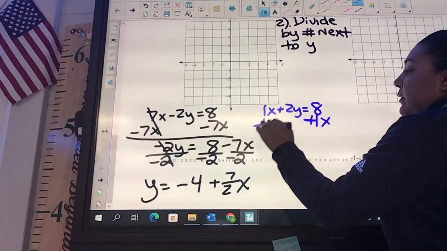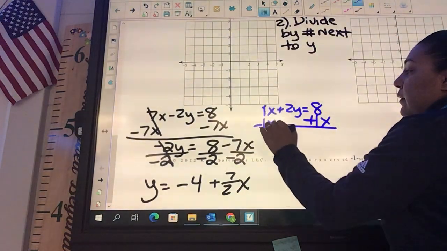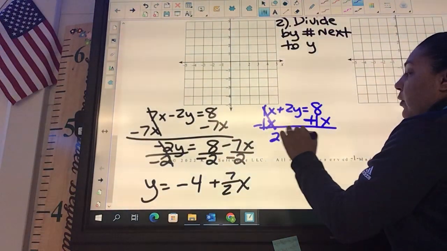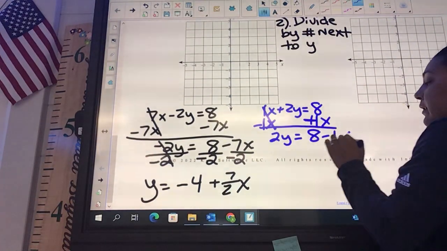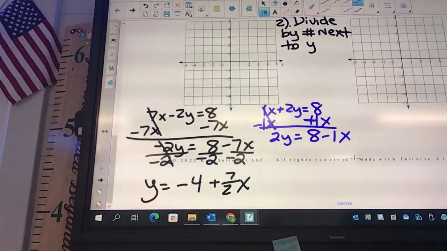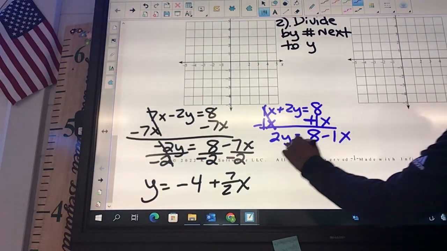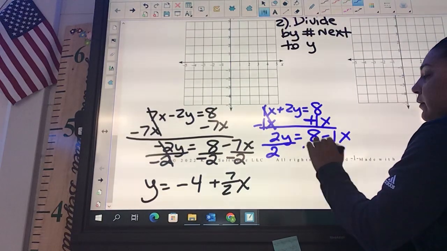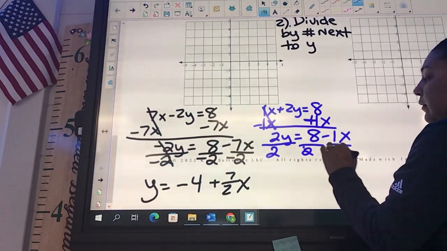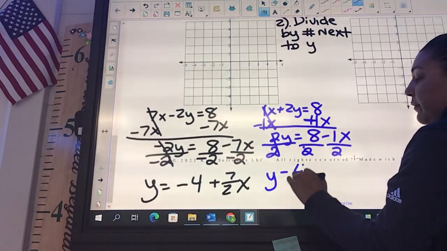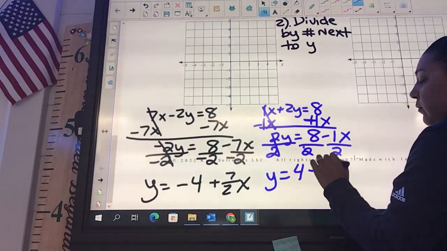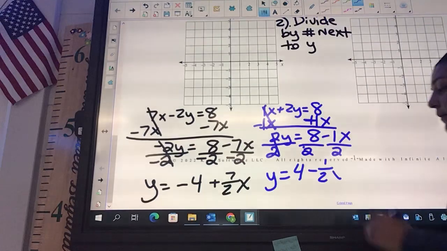That's supposed to be a minus. I don't know what is wrong with my board this morning. So I got 8 minus 1x. And then divide by 2. Okay, so you're going to get 4 minus 1/2 x.